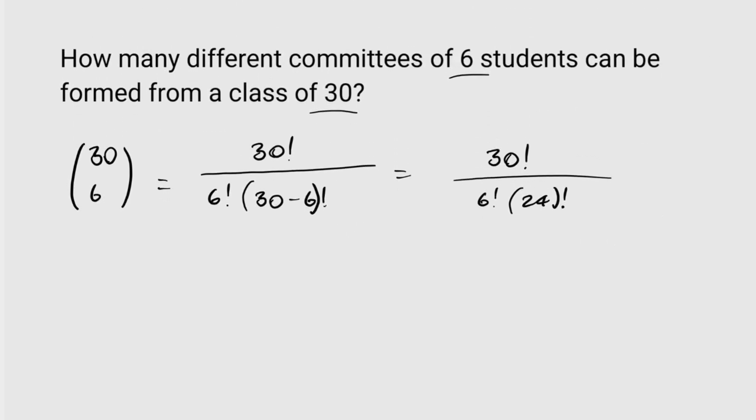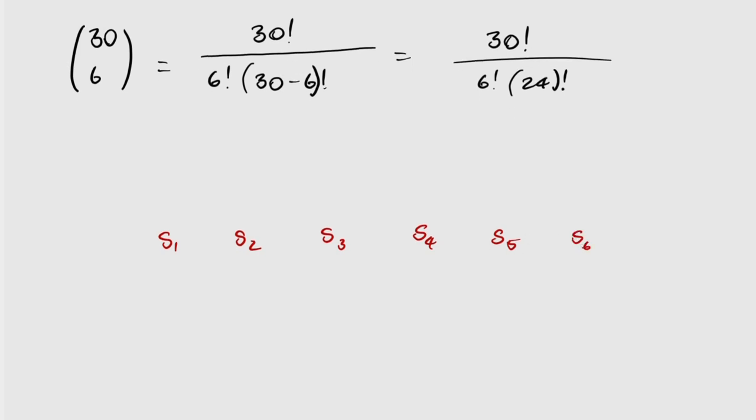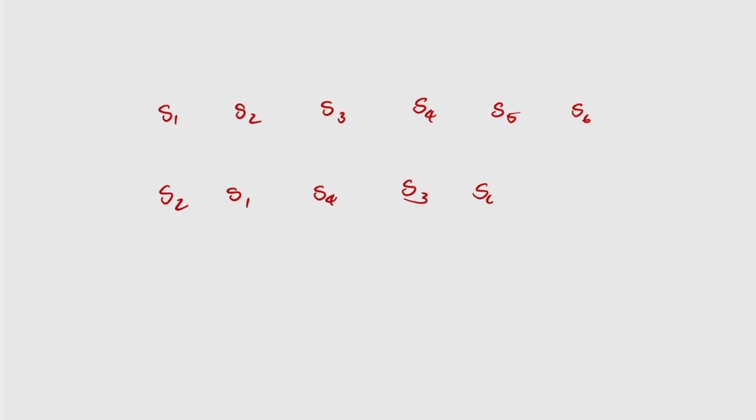If you don't understand why the order doesn't matter, just think of it like this: you choose student number 1, student number 2, student number 3, and student number 4, 5 and 6. Now, if you had chosen them in this order, or in this order, S4, S3, S6, S5, the order literally doesn't matter here, because it's the same committee.